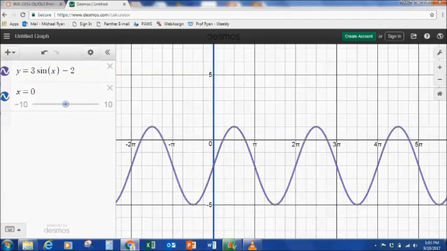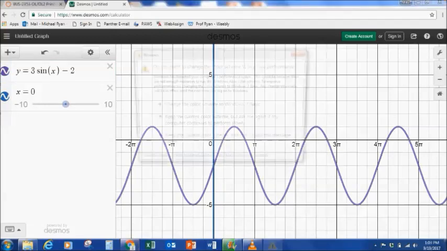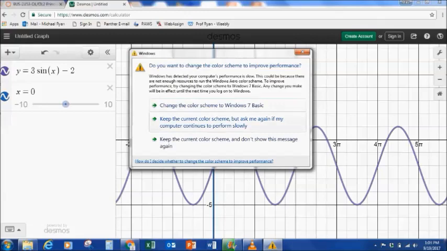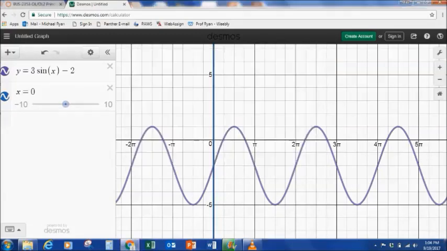All right, now, from where it starts... all right, that's what I wanted. Because the highest point is 3 units up from the midline, and the lowest point is 3 units down from the midline, that's 3.